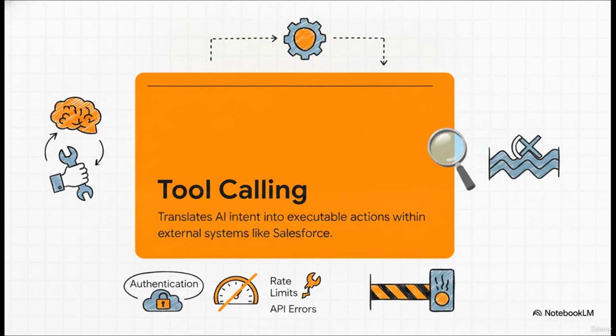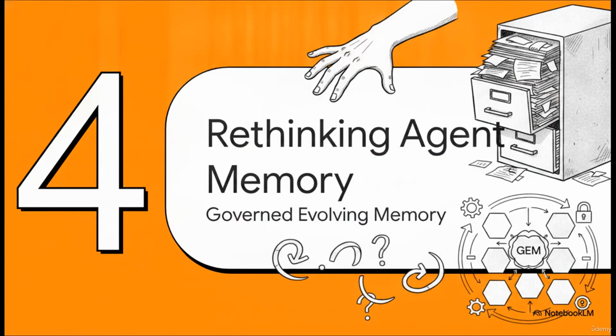The danger is the incredibly fragile engineering plumbing required to make that tool call happen safely. Your execution layer has to handle authentication, it has to manage rate limits, and it has to catch errors. It has to act like a digital bouncer, because honestly, the AI doesn't inherently know how to securely navigate your company's firewall.